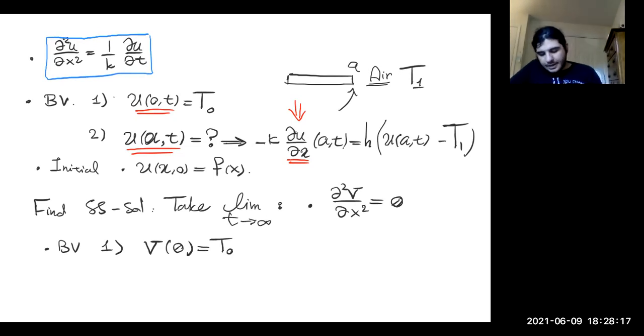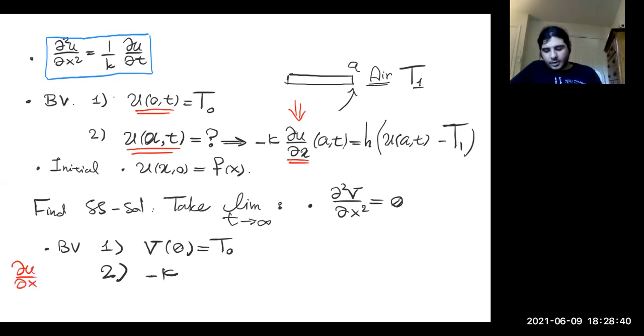Let's look at the second boundary value condition. Let's see what happens there. The point is that we have a constant minus kappa, that doesn't matter.